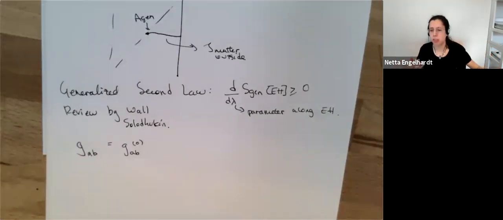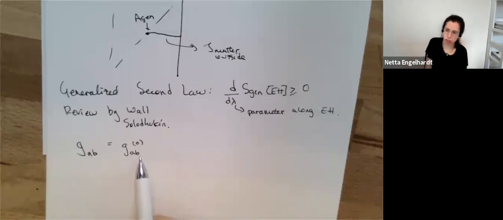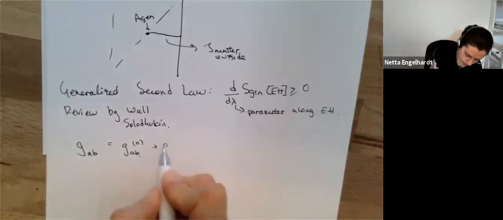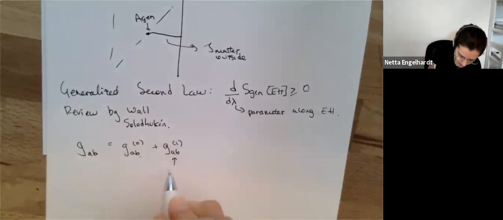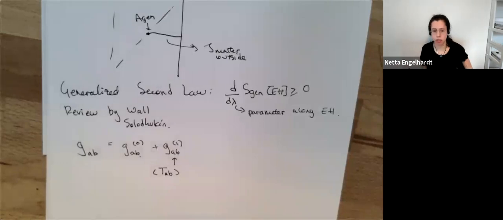Now these quantum fields have some stress tensor, and we can plug that stress tensor into the Einstein equation. So we'll have G_ab equals 8π T_ab, and this T_ab will now be an expectation value. That will give us a correction to g_ab^(0), a first order correction, which is sourced by the stress tensor of the quantum fields.